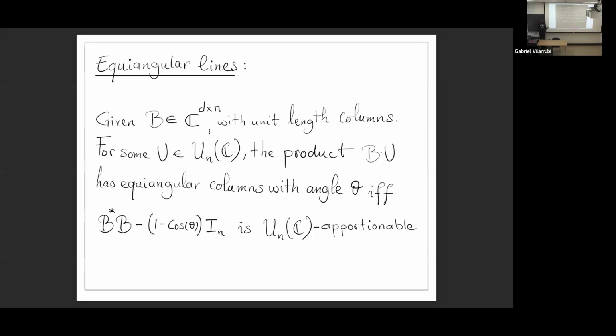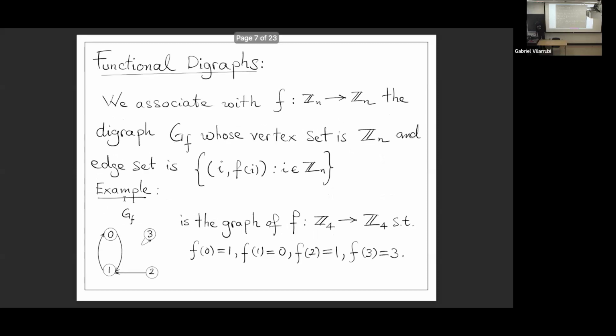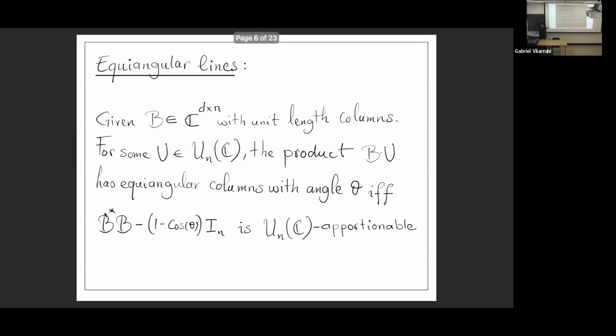These are two very hard problems which reduce to apportioning. So this tells us that it cannot be the case that apportioning is easy. Because if you could apportion easily, you could solve these problems very easily, and these are still open problems that people are investigating. Now, to get to the next segue, if we want to prove theorems about apportionable matrices, you want to leverage what we know, and what I know is graphs.